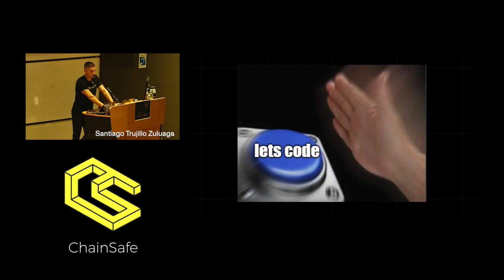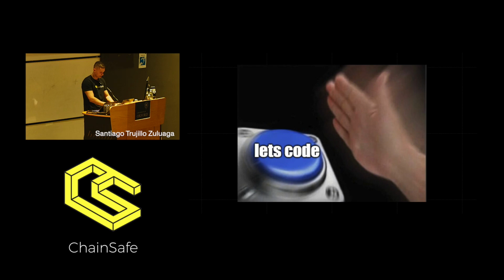First, I need to create a file here. Just create a new file. Let's call it myCounter.sol. This is Solidity. If you get any questions, feel free to ask me, to interrupt me. Don't be shy. The first thing that we have to do is to add the license.